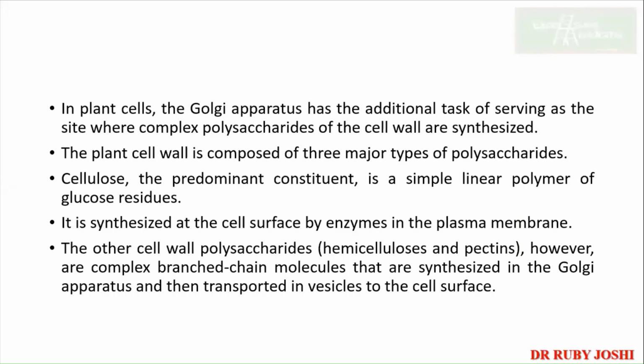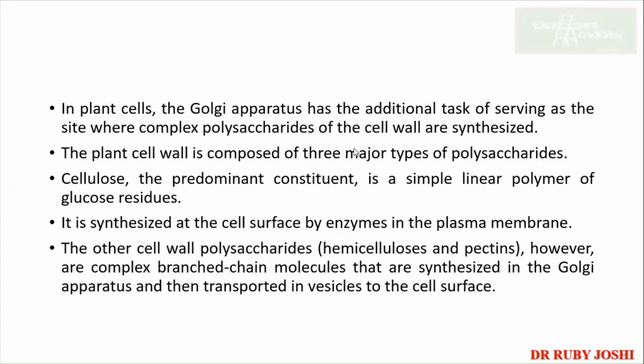Now coming to the plants. In case of plants, the Golgi apparatus has extra work to do apart from what we have just talked about. It is involved in carbohydrate modification and lipid synthesis. In plants, it is also required for cell wall synthesis.